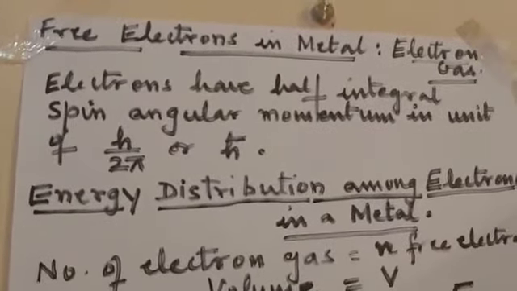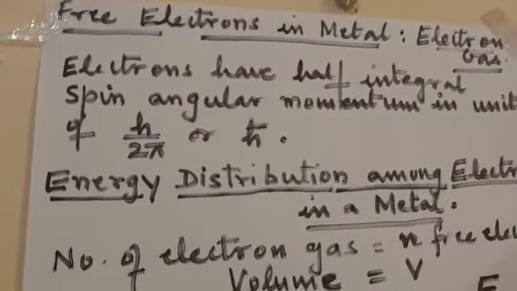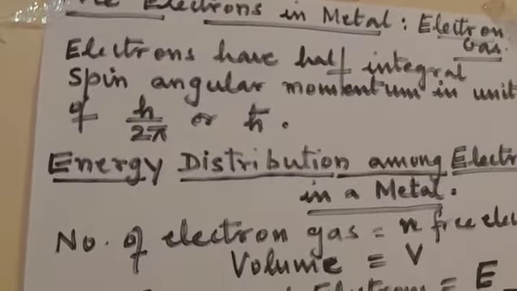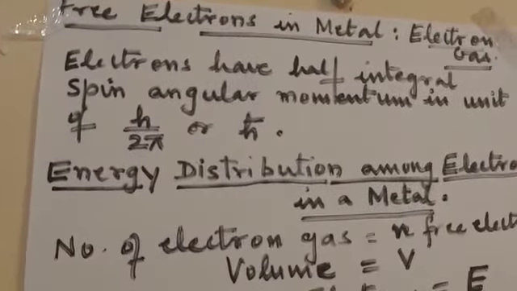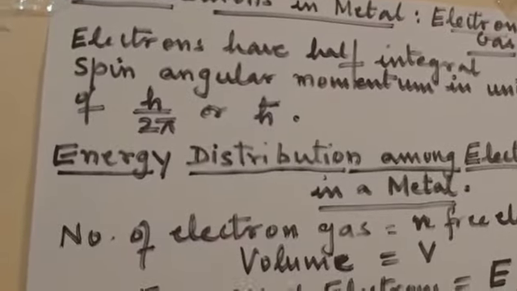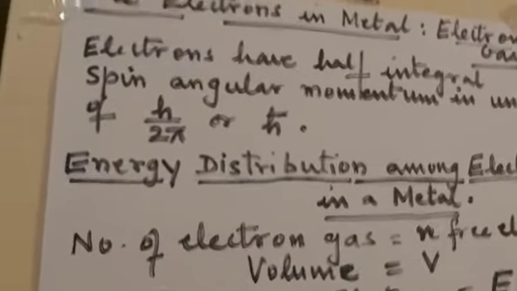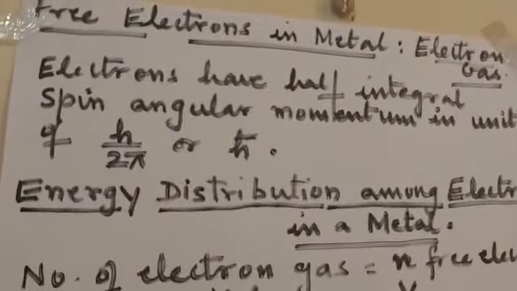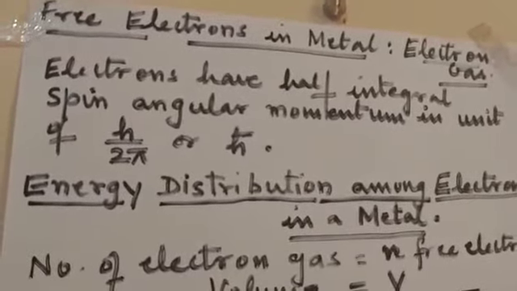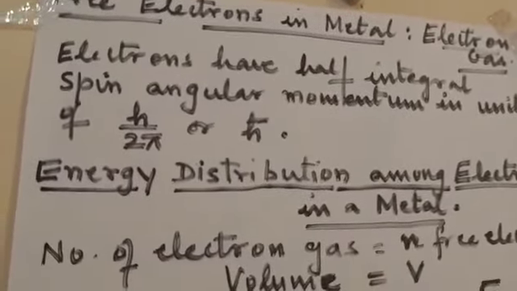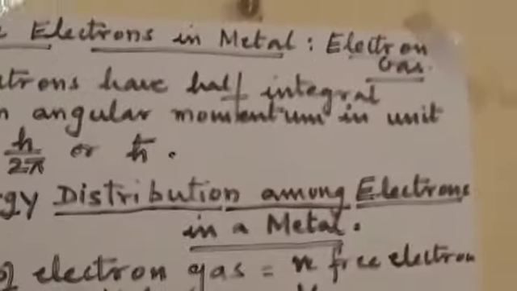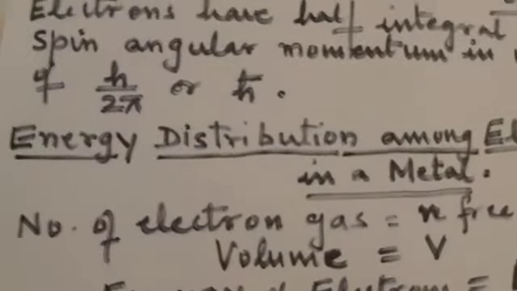These free electrons in a metal belong to a most characteristic system of fermions because fermions obey Pauli's exclusion principle. That is, the electrons have a half integral spin of angular momentum h by 2 pi, or h cut. They are Fermi particles and obey Fermi-Dirac statistics. The electrons in metals have their energy quantized.